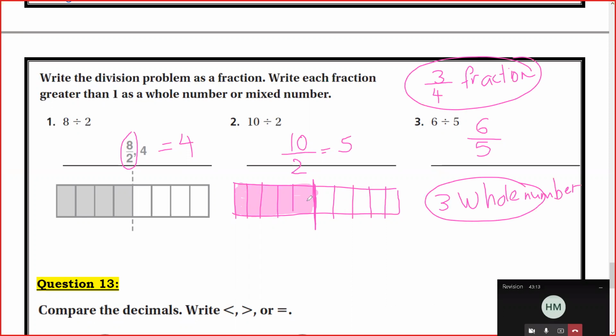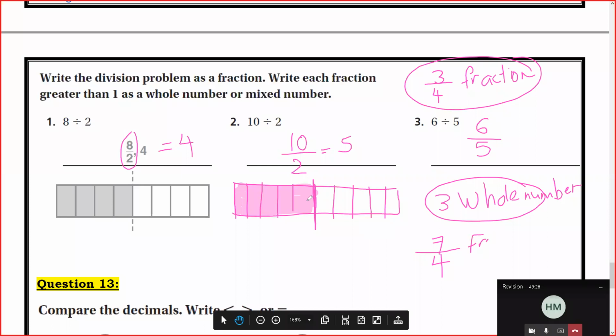But when the numerator is greater than the denominator, we call this a fraction too. But when I need to simplify it, I must write it as a mixed number. What do I mean by mixed number?